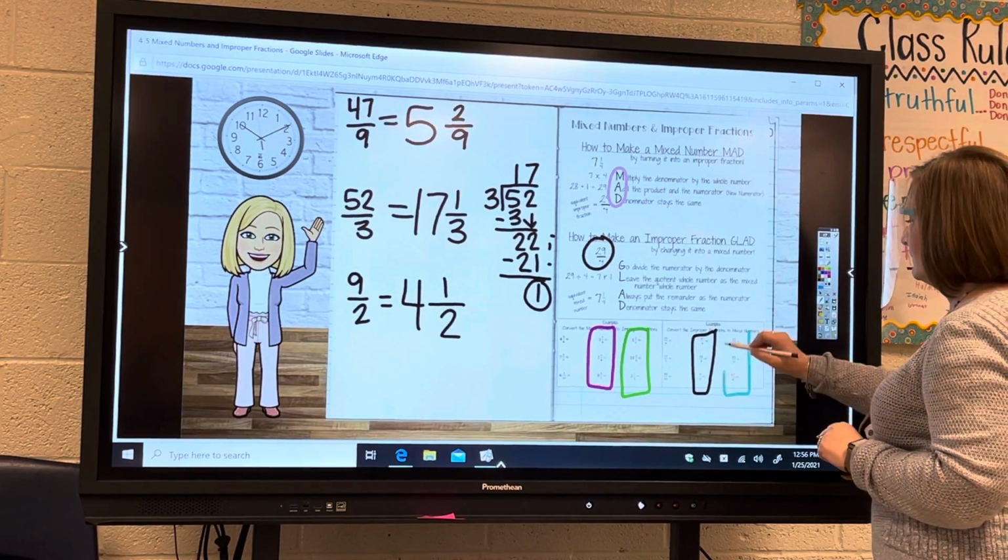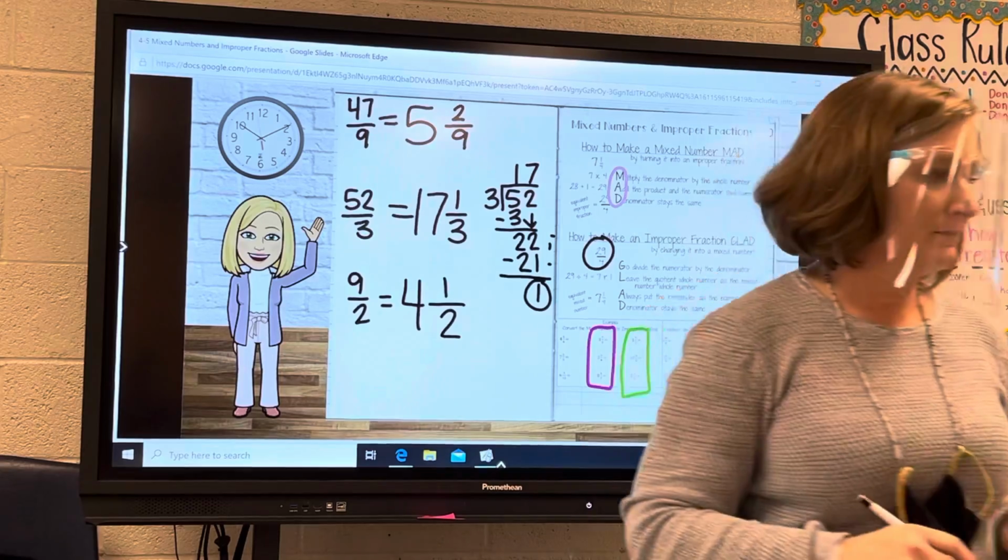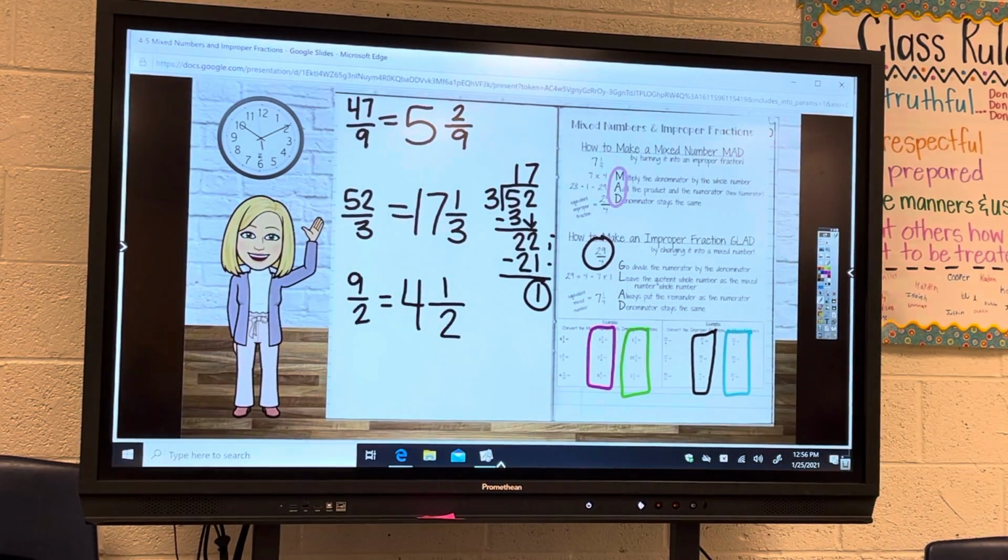I'm not doing a color by number. It was just like a maze.